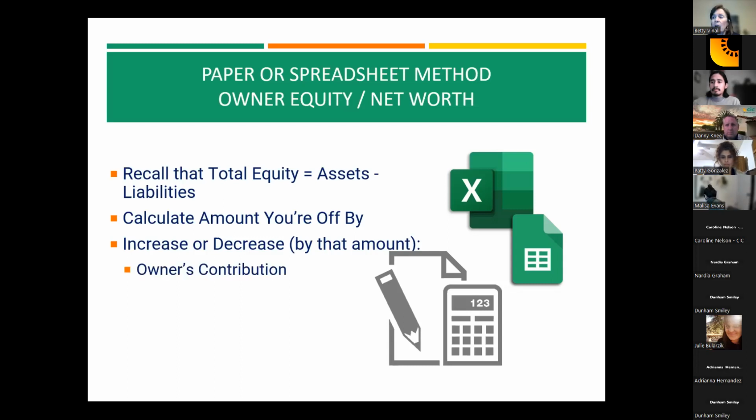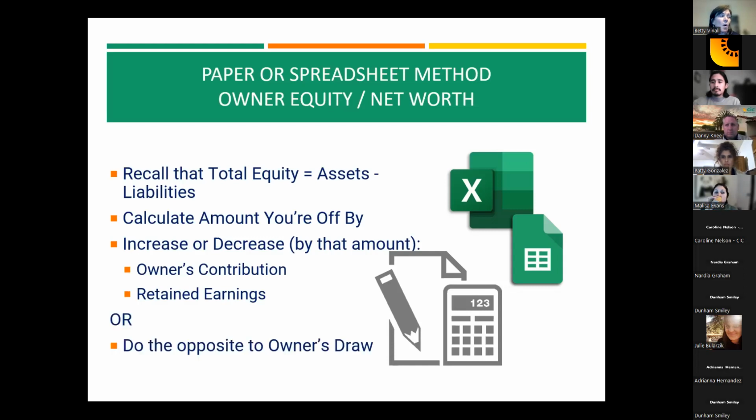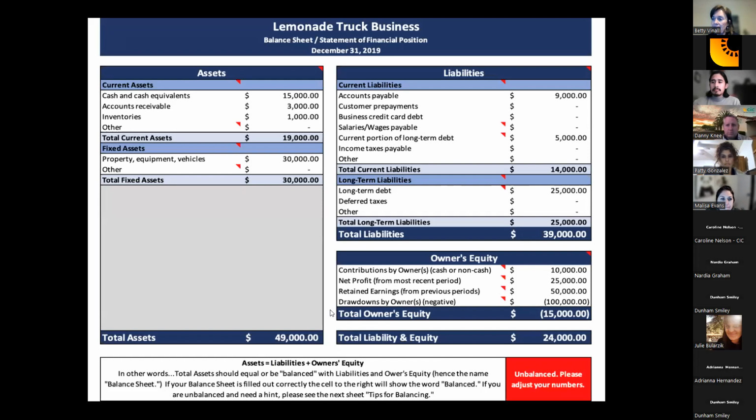That could involve your owner's contribution, it could involve your retained earnings, or it could do the opposite and affect your owner's draw. So let's look here at this balance sheet. This balance sheet is currently out of balance. As you can see, we have total assets of $49,000.